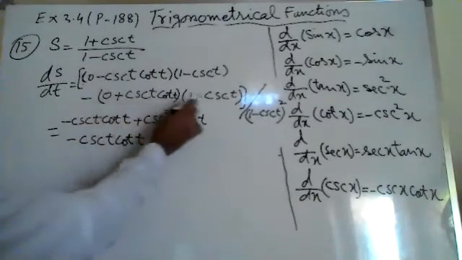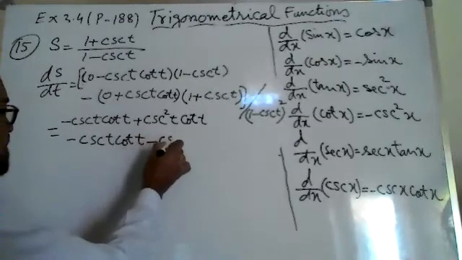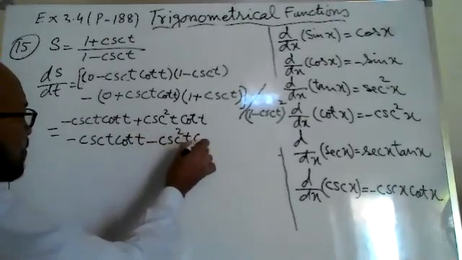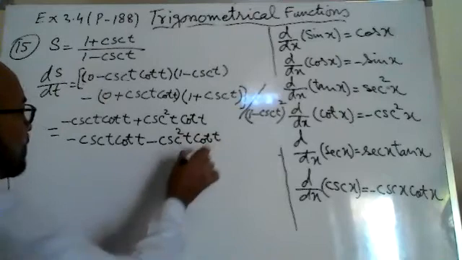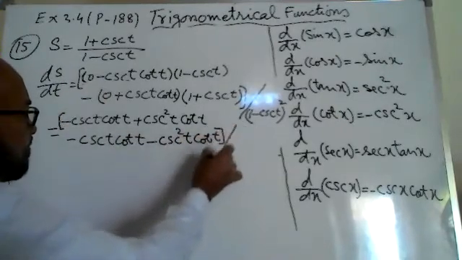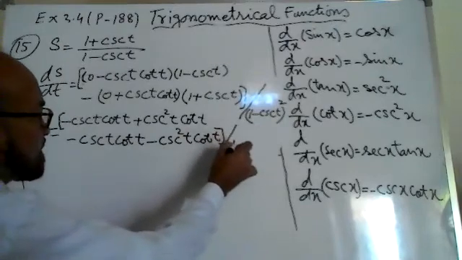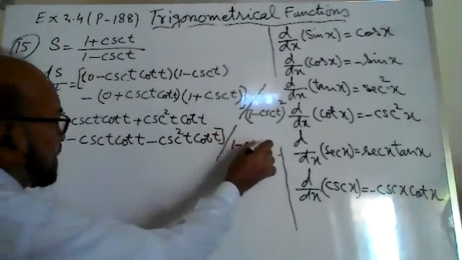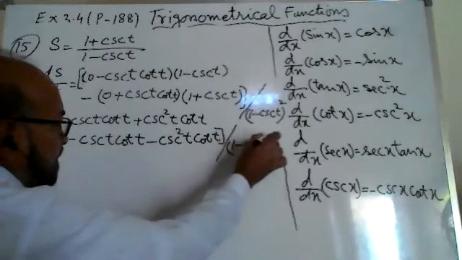When it is multiplied with this one, minus cosec square t cot t, whole upon 1 minus cosec t whole square.